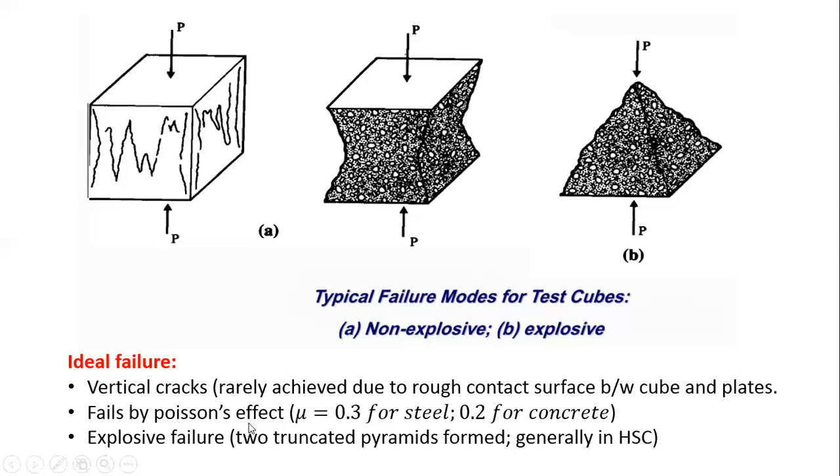You know the value of Poisson's ratio is 0.3 for steel and 0.2 for concrete. And we have explosive failure, where two truncated pyramids are formed, which generally happens in high strength concrete, that is HSC.